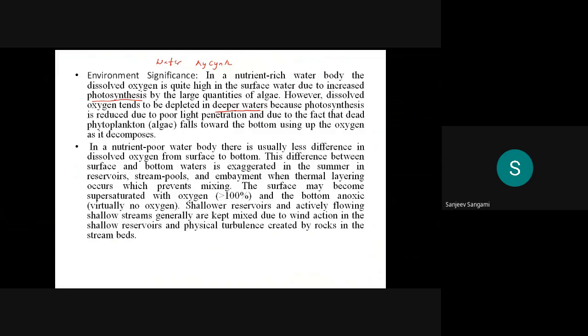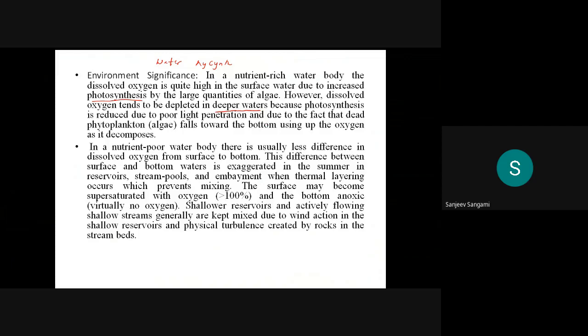Once photosynthesis does not happen, the dissolved oxygen, of course, is going to decrease. Even some of the small plants in the deepest parts of the oceans as well as the rivers do not produce that much oxygen that is required for the water body. So very less.